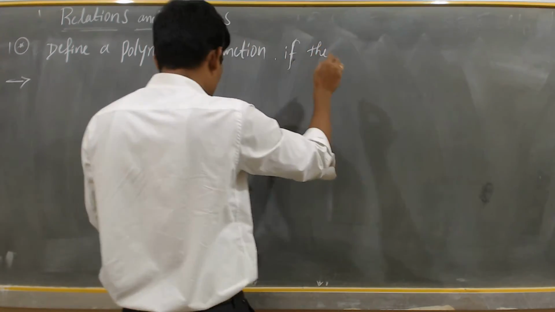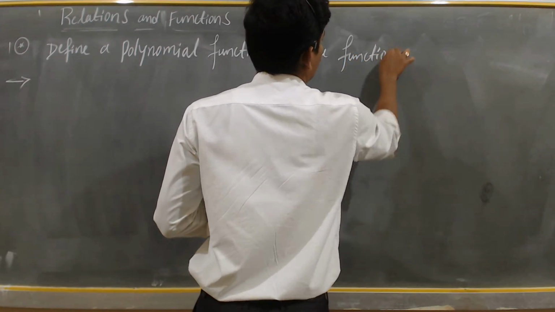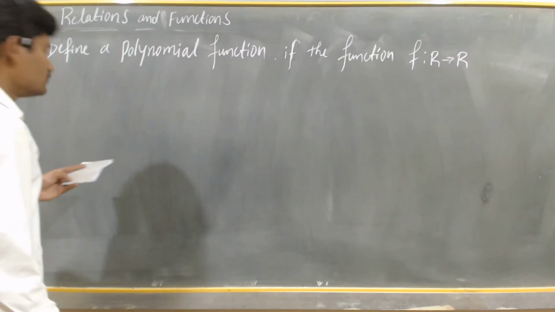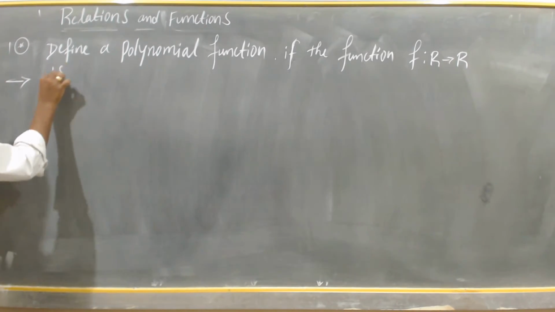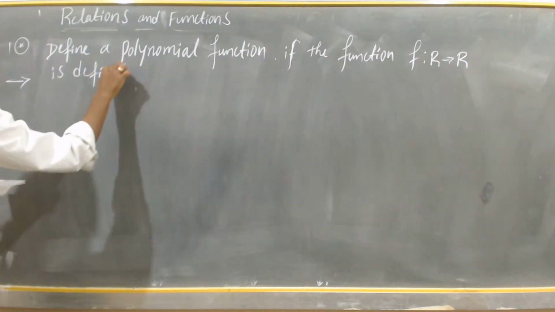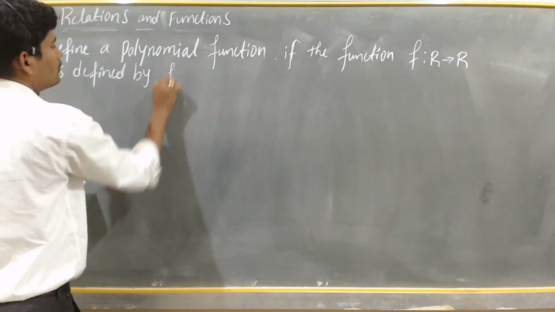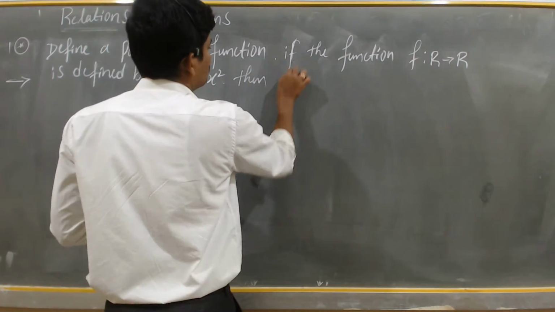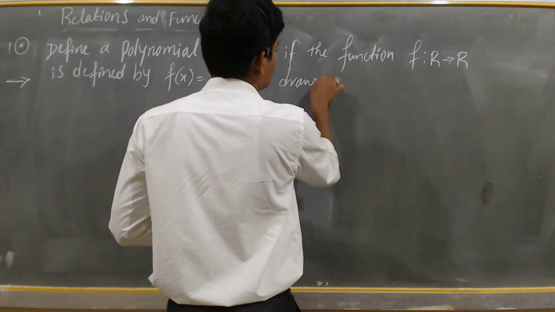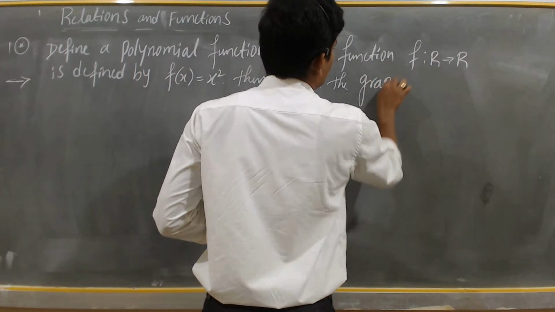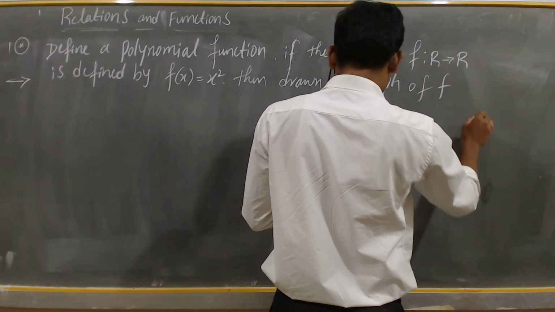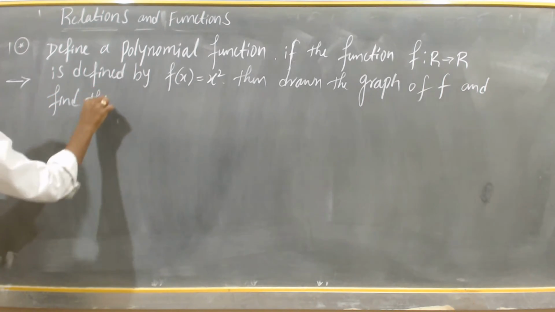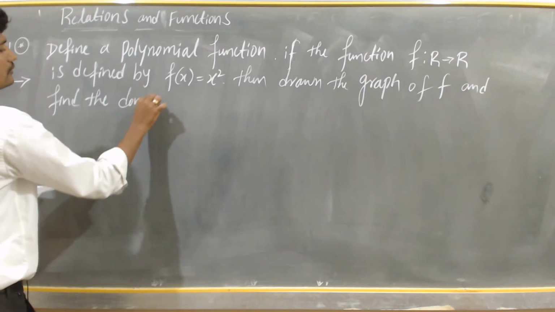If the function f from R tends to R is defined by f of x equal to x square, then draw the graph of f and find the domain and range.